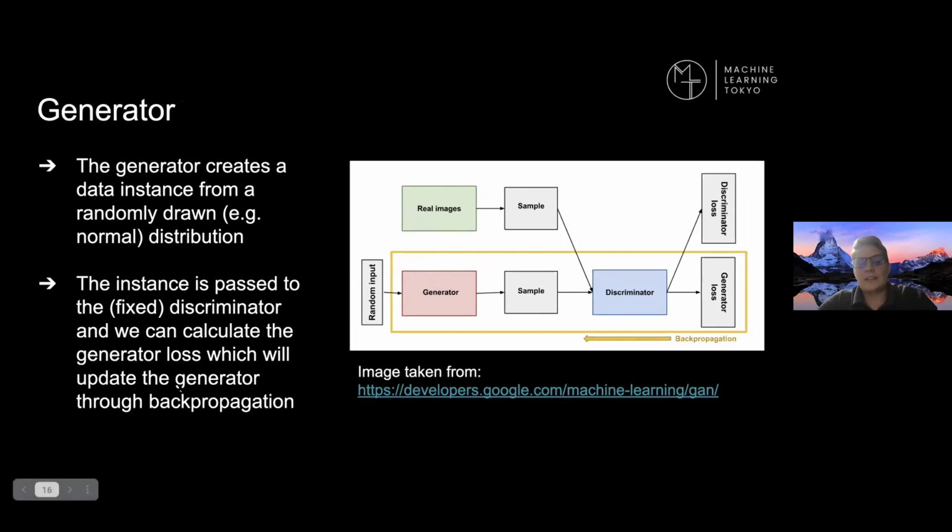And we then calculate the generator loss, depending on whether or not the discriminator was able to see that it was a fake image or a real one. But here as well, we are going to train the generator by backpropagation. However, here, as you can see, if we look at the data stream, we go from the random input all the way through the generator, but we also have to go through the discriminator here.